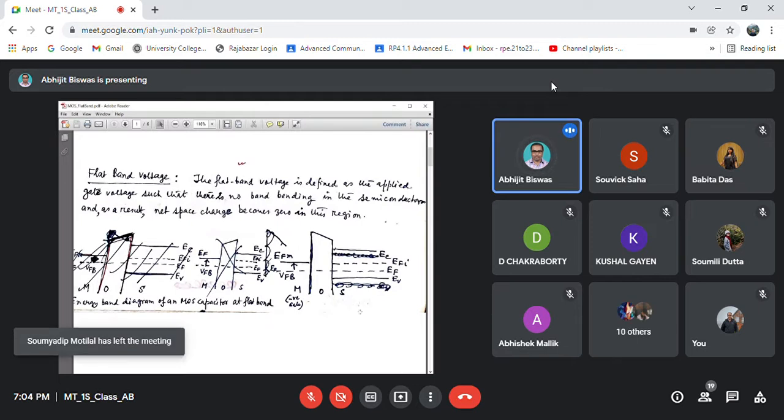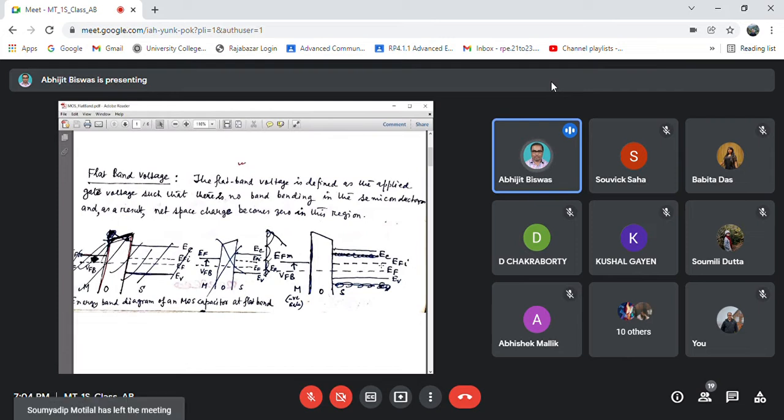Now in the middle there is a tilt in the band diagram, the conduction band of this oxide. This is the insulator, for example, silicon dioxide. On the right hand side, you will have this flat band condition, meaning all horizontal lines, meaning EC. At the semiconductor oxide interface, there is no band bending. That means it is a horizontal conduction band edge.